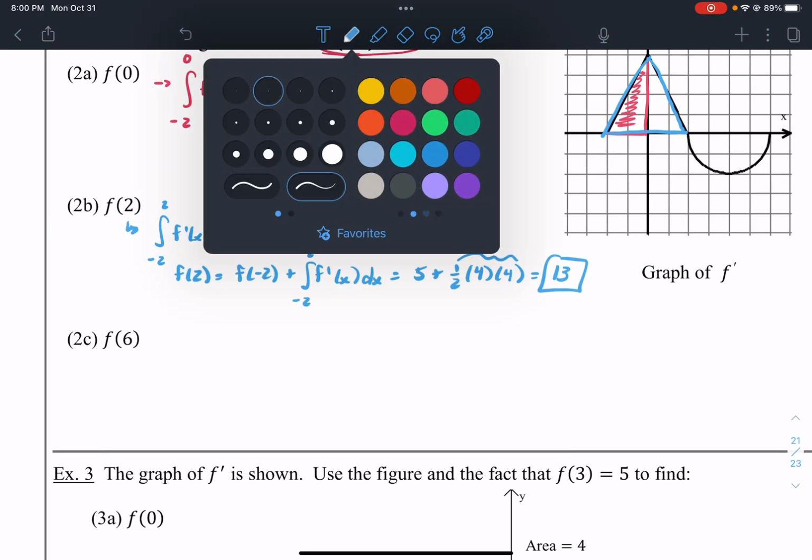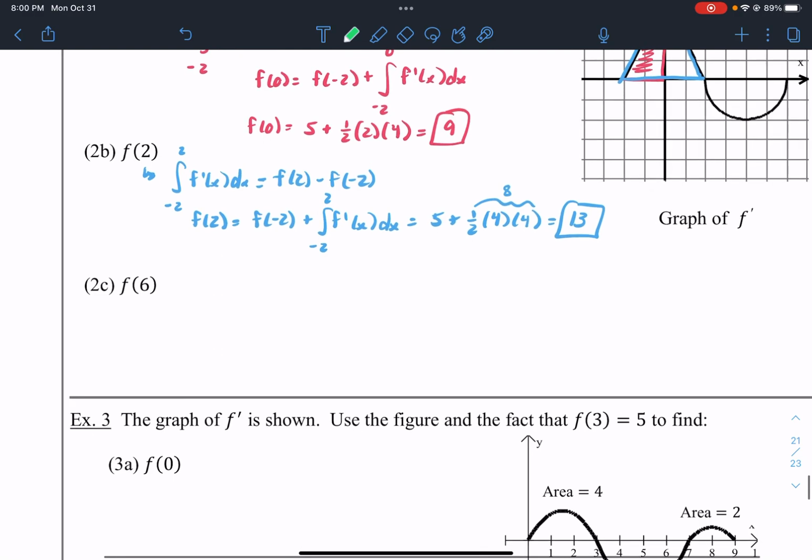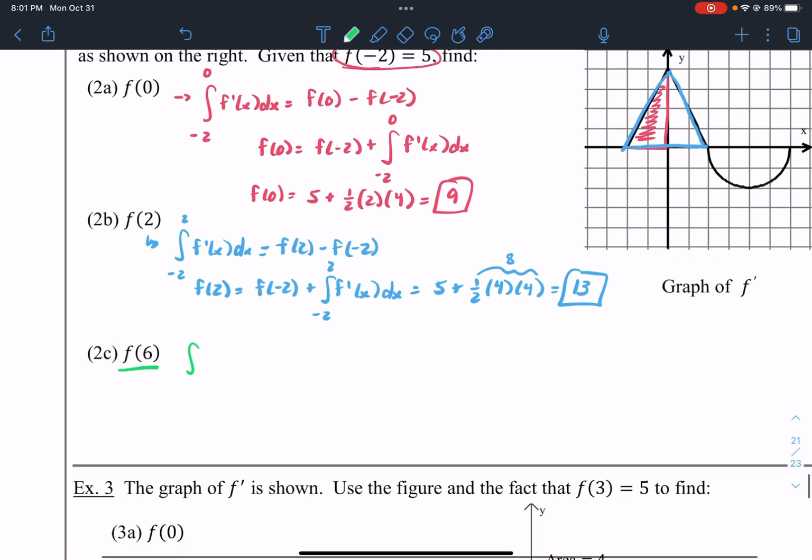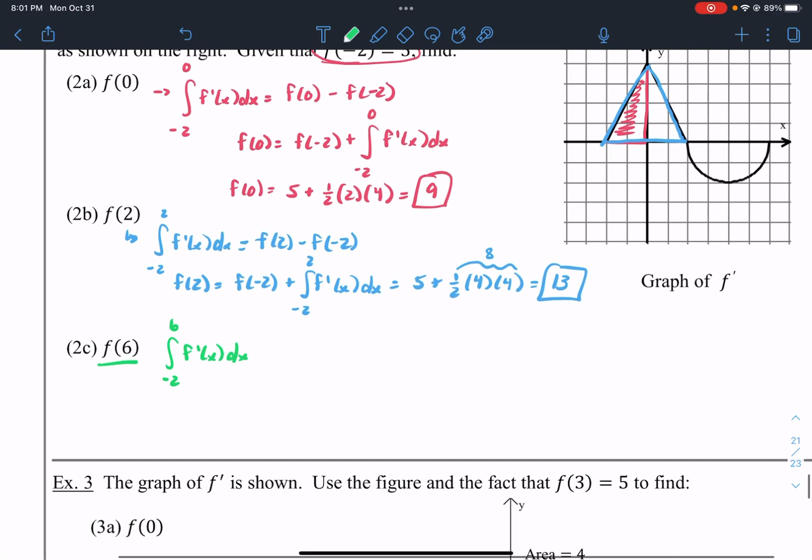So let's do the last one here. Now I'm going to go all the way to 6. So again, I'm going to do the integral from -2 to 6 of f prime of x dx, because I always want to use what was given, equals f of 6 minus f of -2.